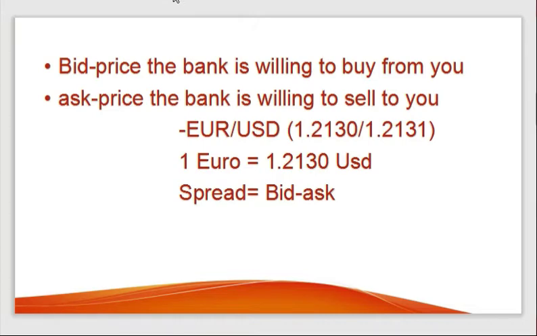Now, according to this illustration, 1 euro is equal to what? 1.2130, meaning that you are going to get 1.2130 USD for 1 euro, right? And the difference between the bid and the ask is what we call the spread.